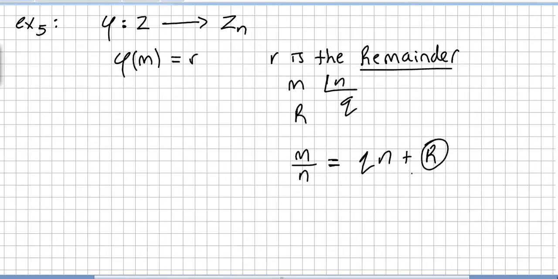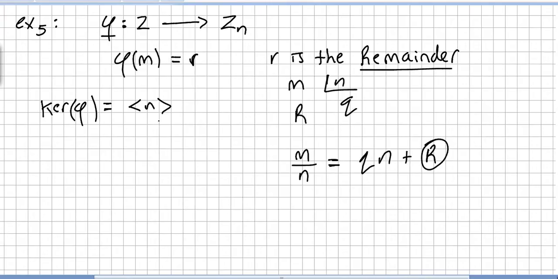So this mapping phi from Z to Zn, defined this way, where r is the remainder, is a homomorphism, and you can check that the kernel of this homomorphism is nZ.